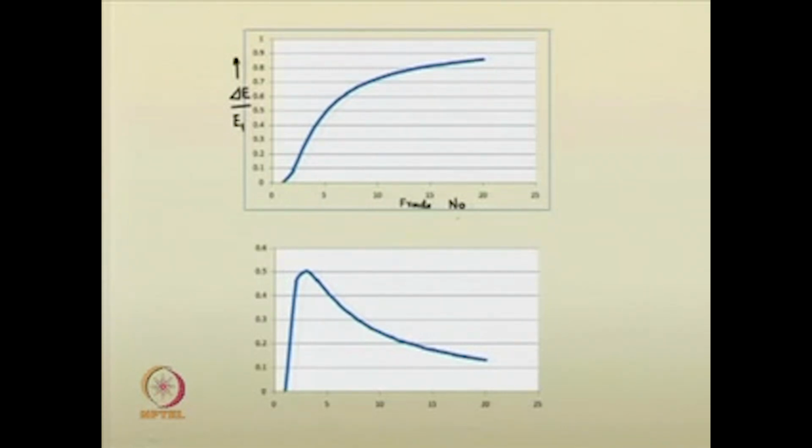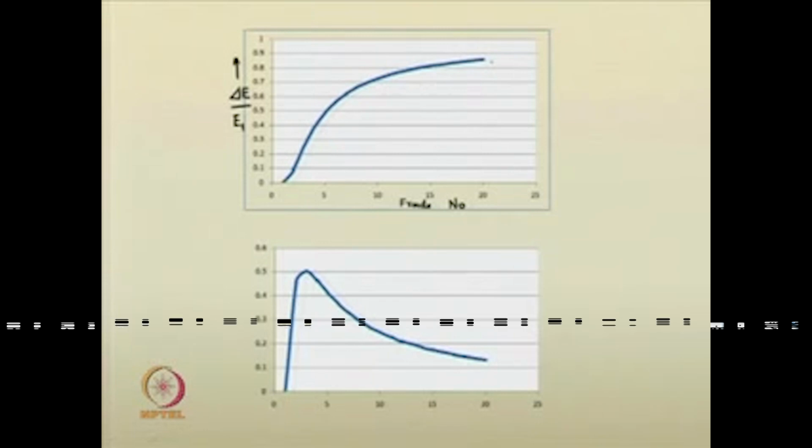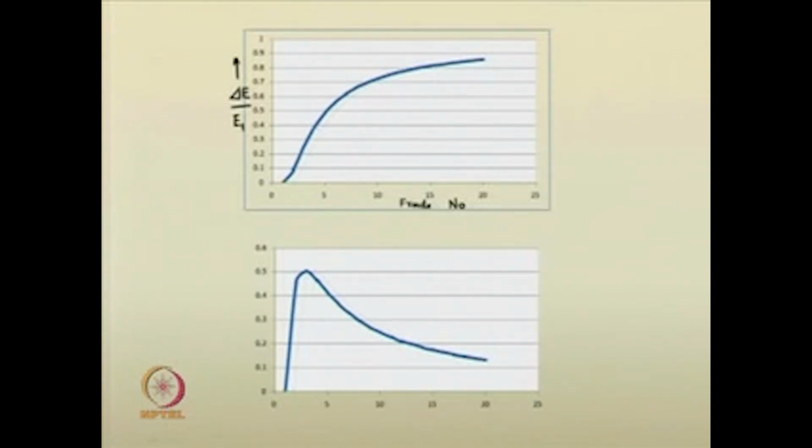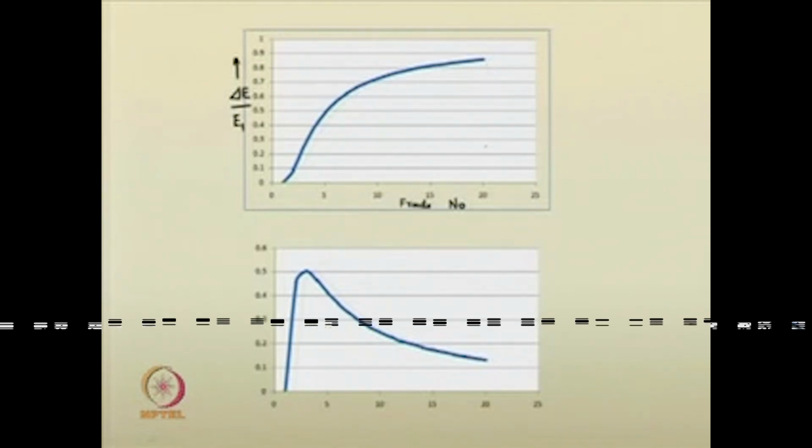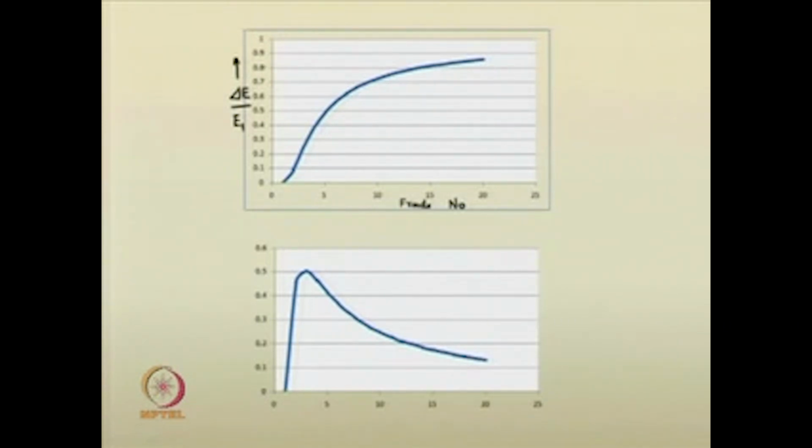If the Froude number is slowly increased from 0 to 20, you can see the curve following the path in the following form. You can see that at very large Froude numbers, of 20 and so on, there is a considerable energy loss; del E by E 1 is very high.